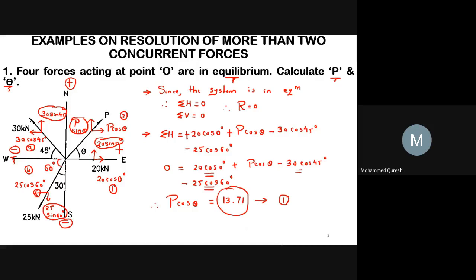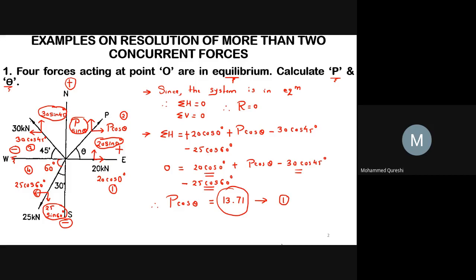In all the examples related to resolution of more than two concurrent forces, you have to just use the basic formula of resultant, that is capital R equals to under root of sigma H square plus sigma V square, and next is tan theta equals to sigma V by sigma H. In all the examples, just go first for the value of sigma H, that is the algebraic sum of horizontal forces, and then find sigma V, that is the algebraic sum of vertical forces.